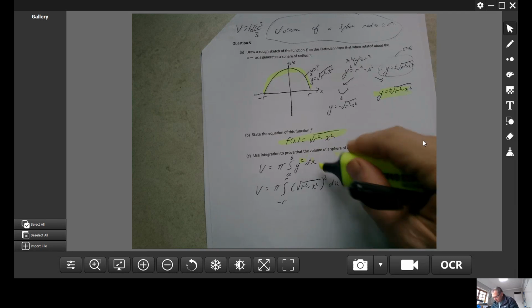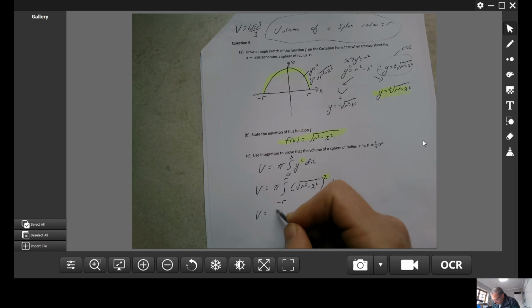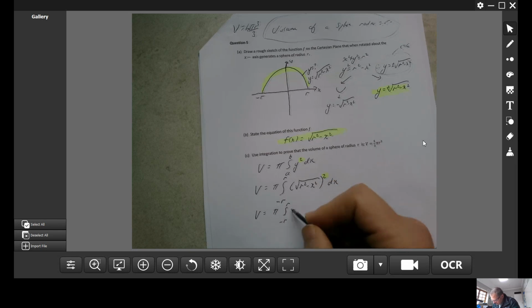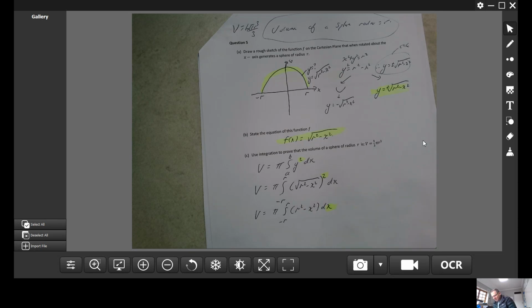And look at the square. If we simplify that, volume is equal to pi times the integral between negative r and r. The square and the square root cancel out, so you're left with r squared minus x squared. Remember, the variable is x.